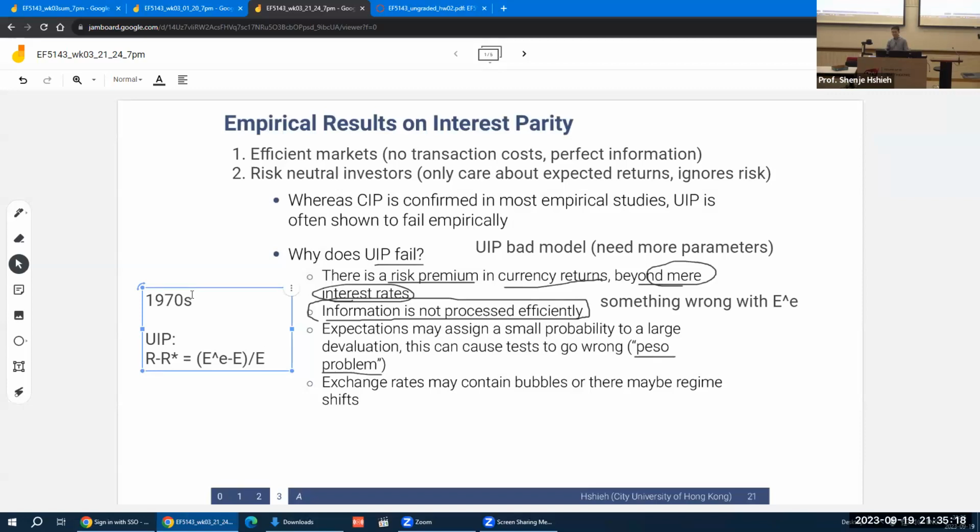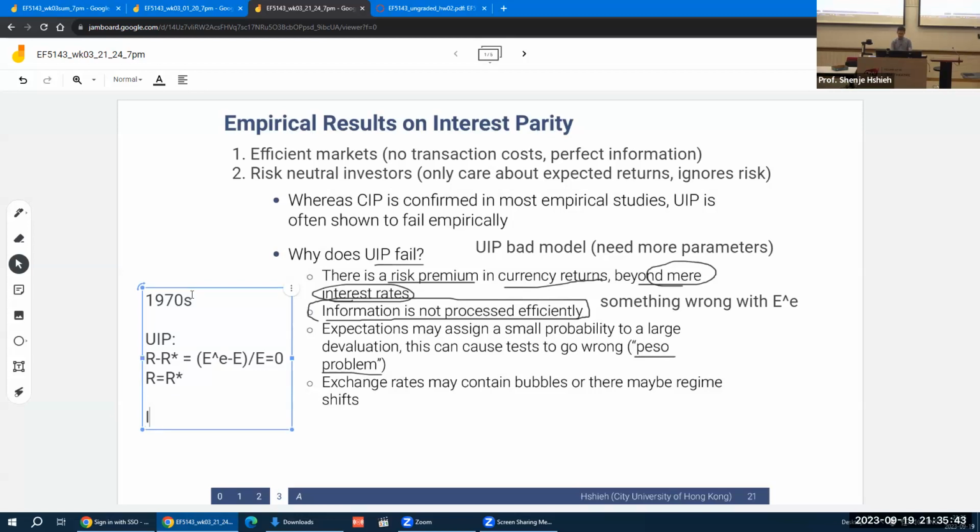E is a constant. What should it be? Zero, right? E is fixed. A constant tomorrow minus a constant today is zero, the same constant. So R has to equal R star, right?